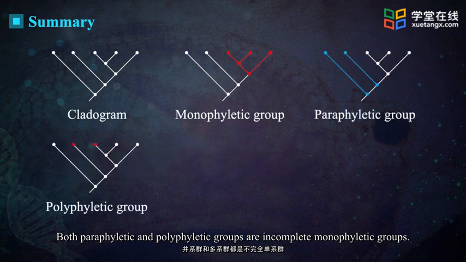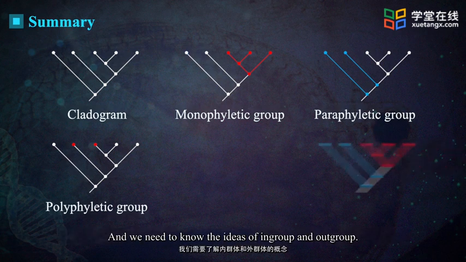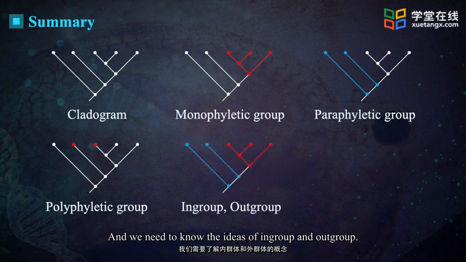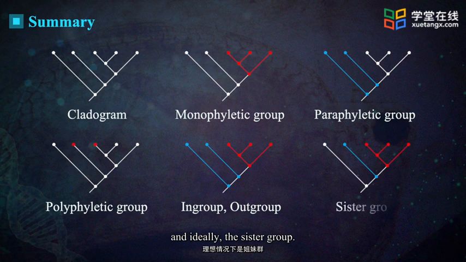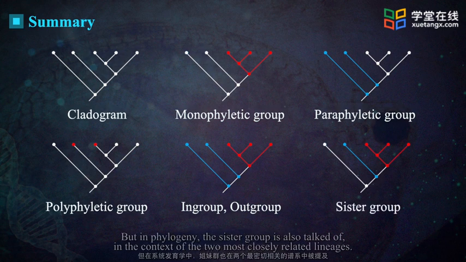Both paraphyletic and polyphyletic groups are incomplete monophyletic groups, and we need to know the ideas of in-group and out-group. To resolve the internal relations of the in-group, we usually need an out-group, and ideally, the sister group. But in phylogeny, the sister group is also mentioned in the context of the two most closely related lineages.